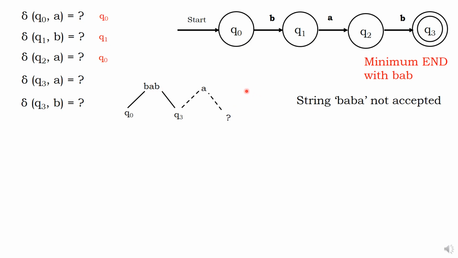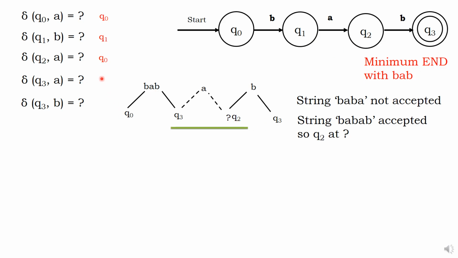Can you do some modification here? Yes, tomorrow, possible. That is the logic. So if I put B here, BABA, I need one more B to accept. Right? That's what I tried. Obviously, this B should be this B. BAB, BAB. Who is next? Q3. Who is before it? Q2. So what should be the answer? Q2. Done.